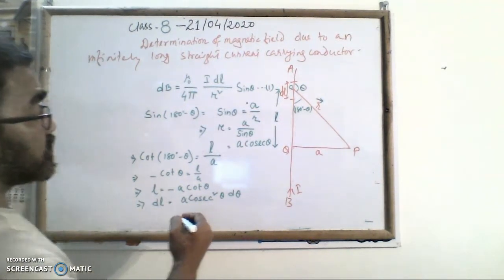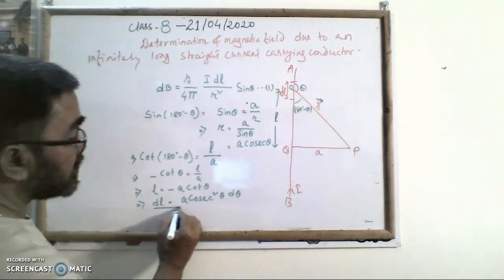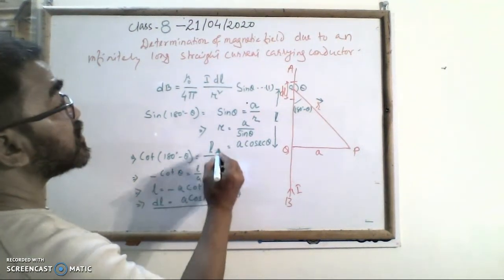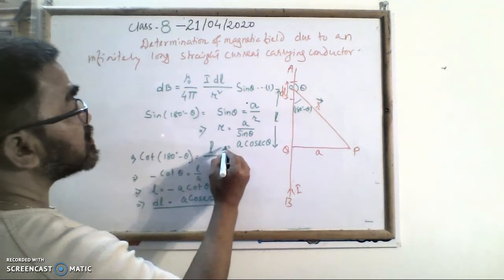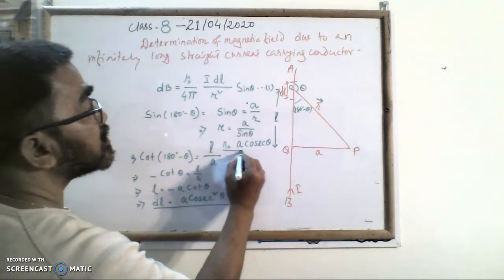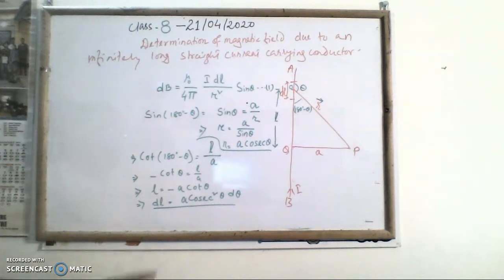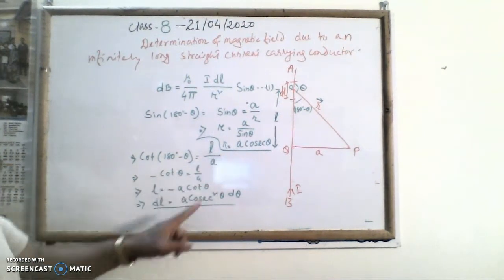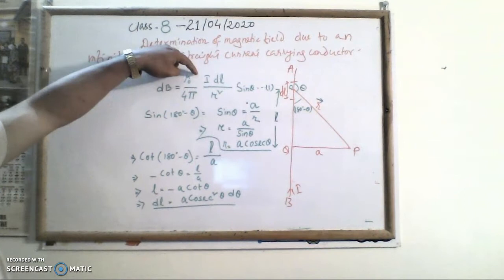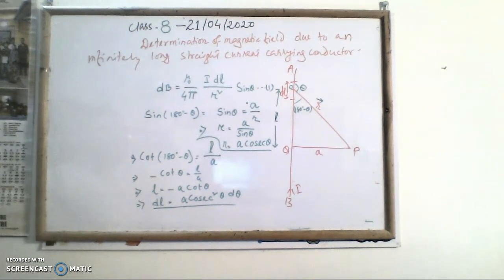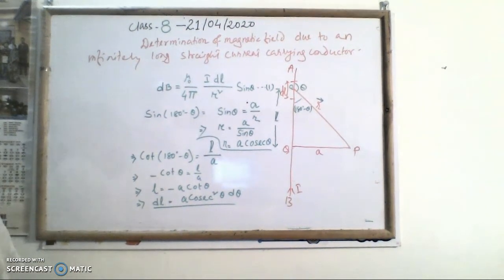So we have dl as well as we have r. Putting the value of r and dl in this equation, what will we get?